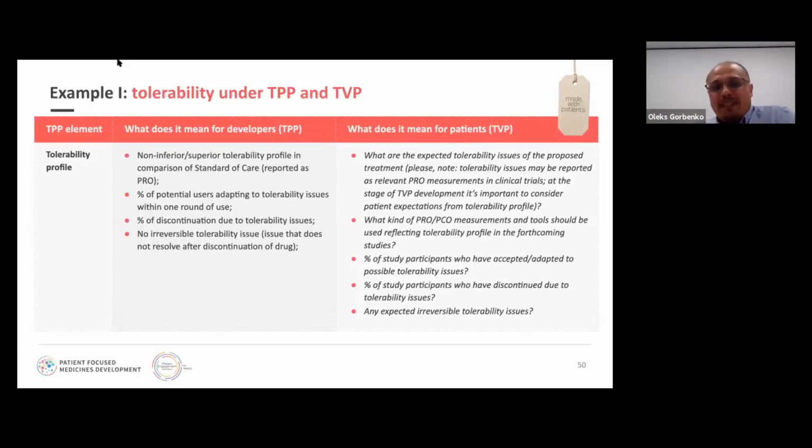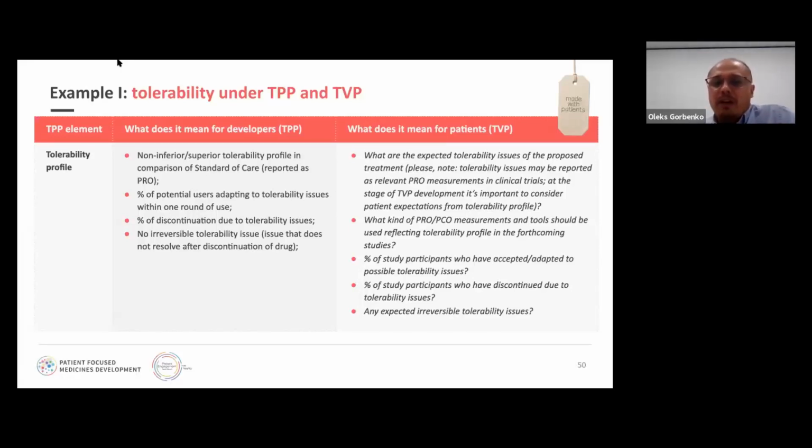The first example is tolerability. Tolerability is a patient-reported outcome reflecting safety. So we're not talking about safety itself, we're talking about how well patients tolerate this treatment. If you look at some basic points for a target product profile, it's a very formalized approach.